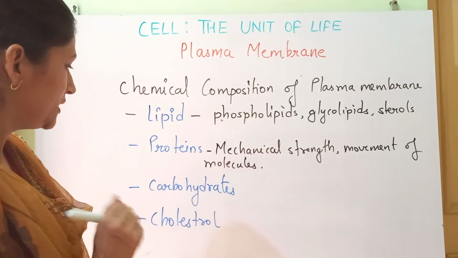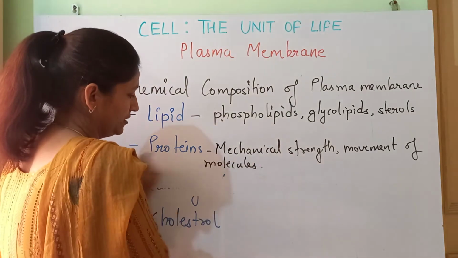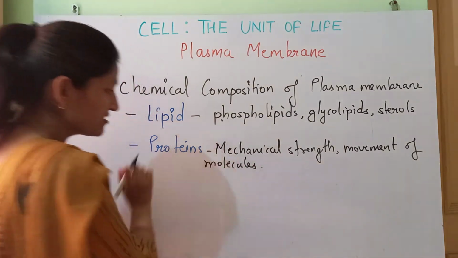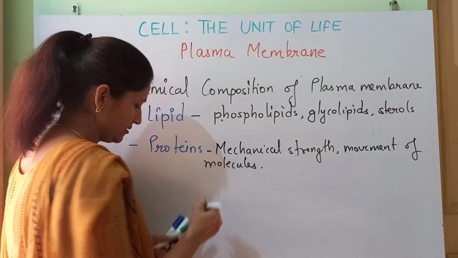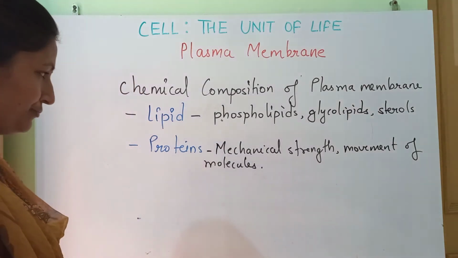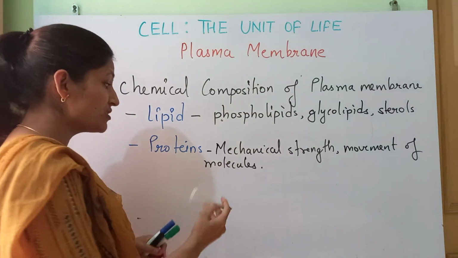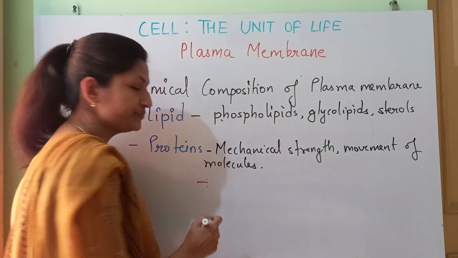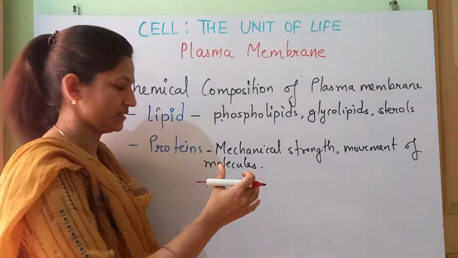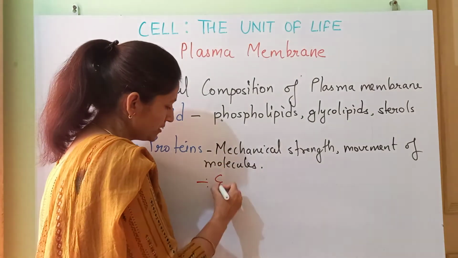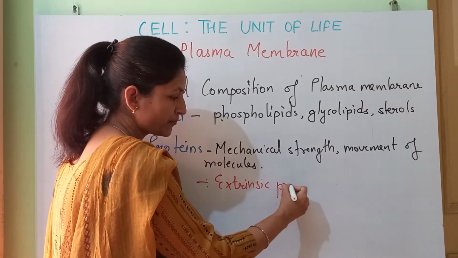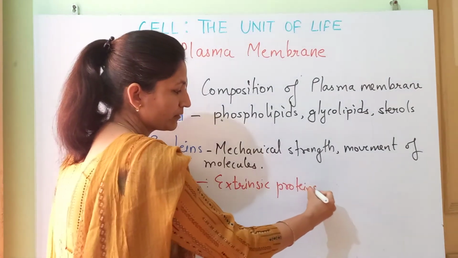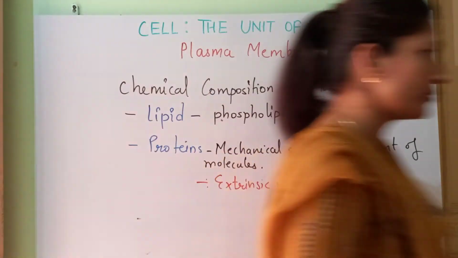Fine. Other than that, the proteins present in the plasma membrane are of two types. The first is the proteins which are present outward. They are the extrinsic proteins. Okay, they are the extrinsic proteins.